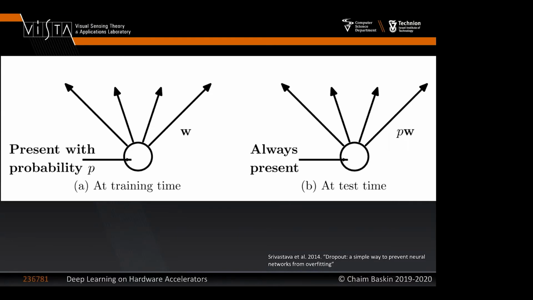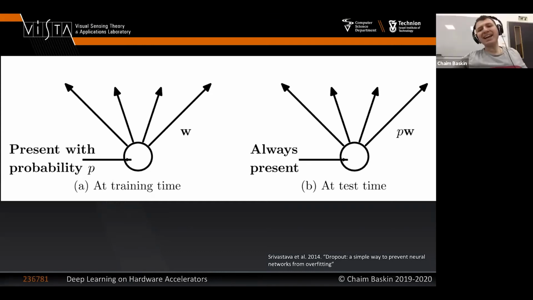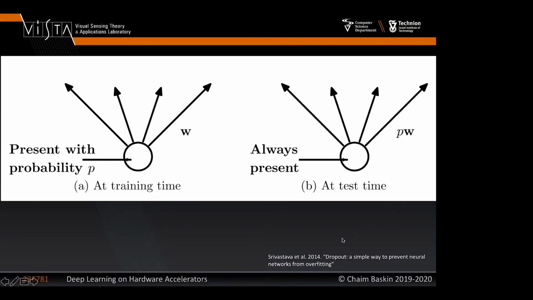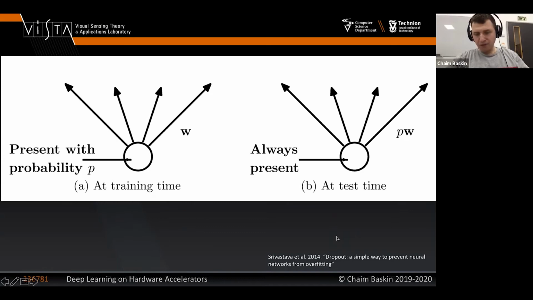I think this is the reason there's a P in the right hand diagram here. Yes, Ophir, you pay attention. So the P is actually to give the right normalization. It's like you are normalizing your weights.